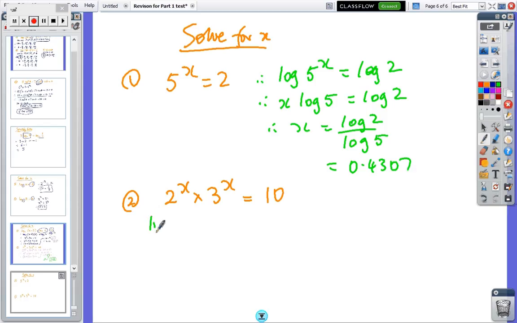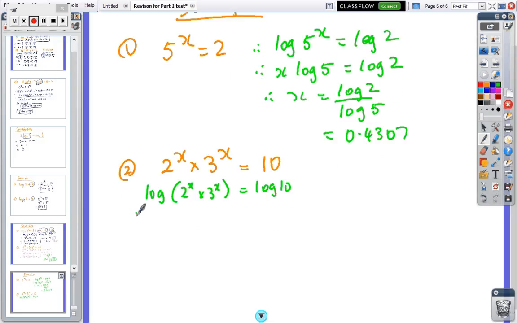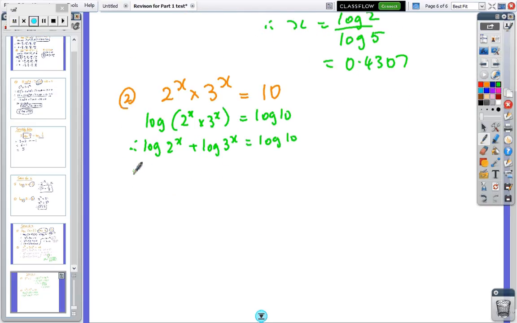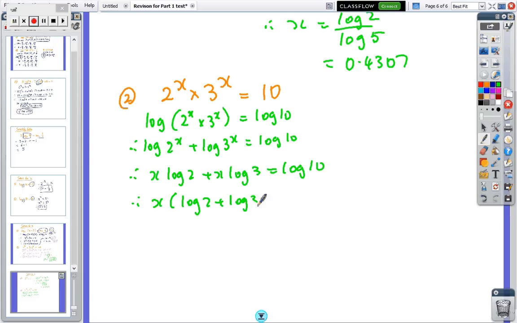Okay, so let's have a look at the next one. So we take logs of both sides. Log of 2 to the x times 3 to the x equals log 10. Therefore, log 2 to the x plus log 3 to the x equals log 10. Therefore, x log 2 plus x log 3 equals log 10. So x bracket log 2 plus log 3 equals log 10.